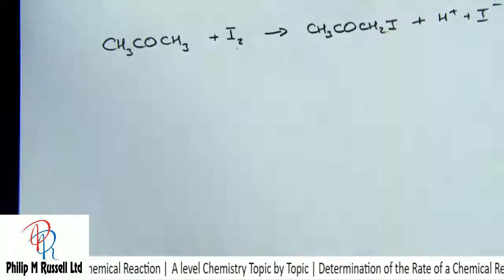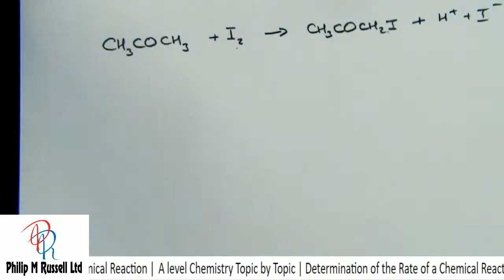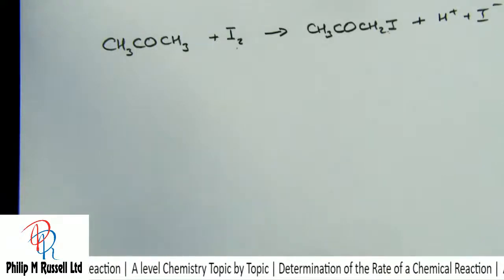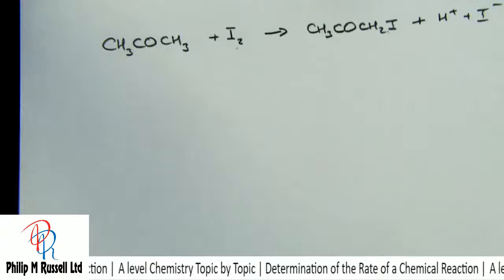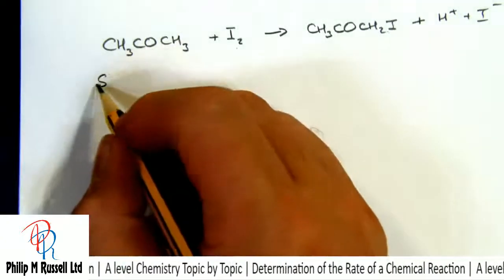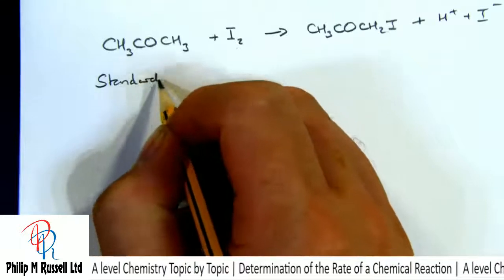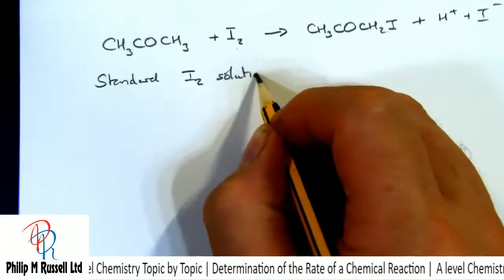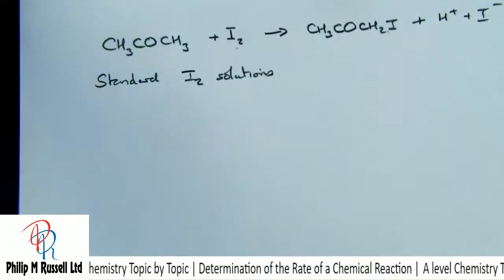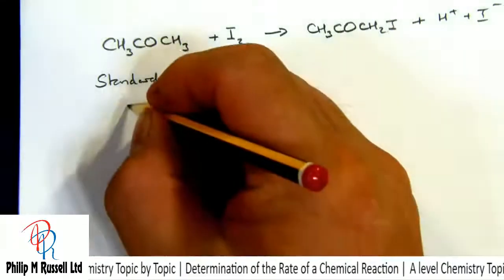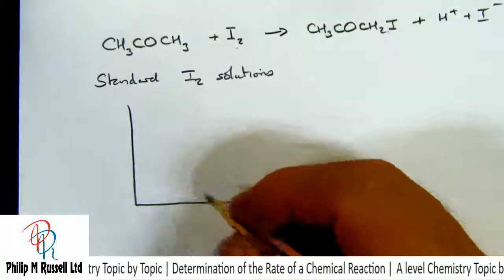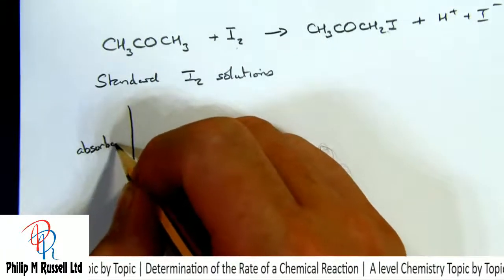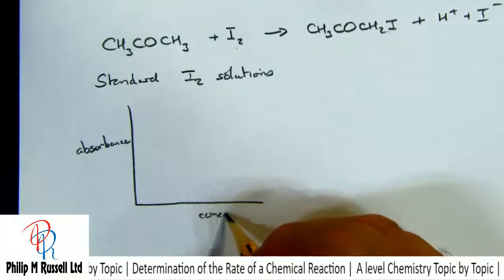So we could measure this using one of these simple colorimeters to work out. So if I want to try and work out what's going on, if I prepared different standard solutions of iodine, and if I now react those, what I would get is a graph of, let's say, absorption here, and we've got concentration here.